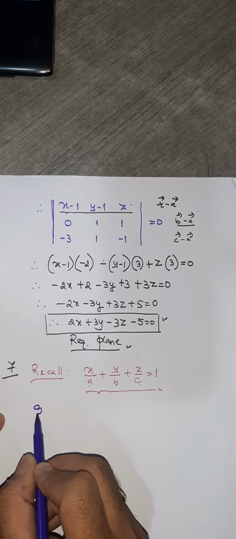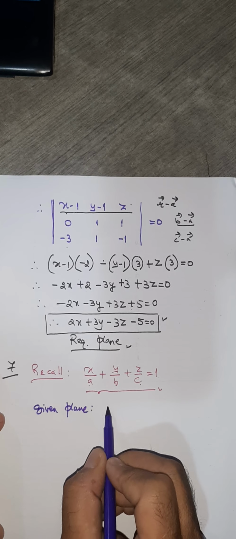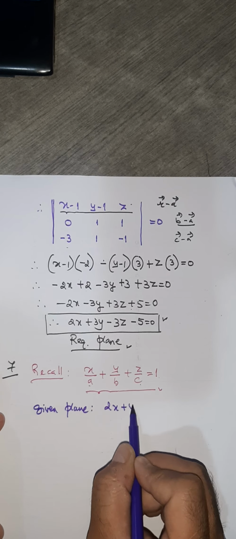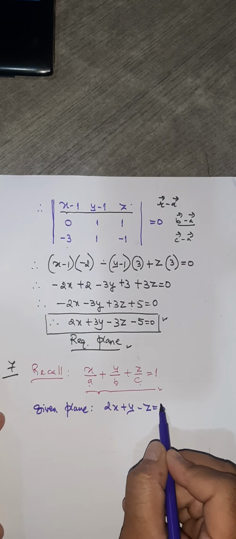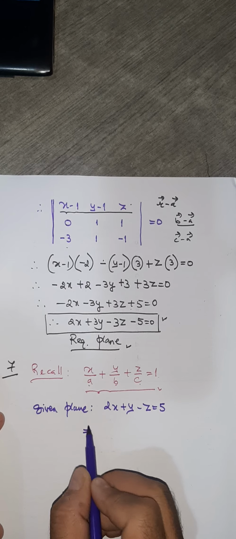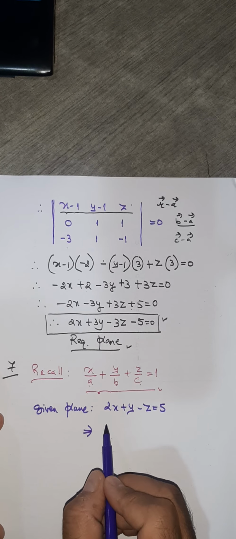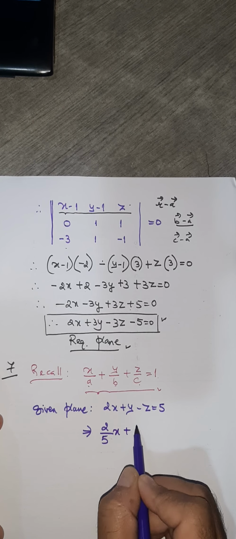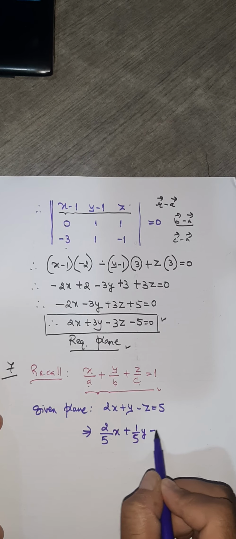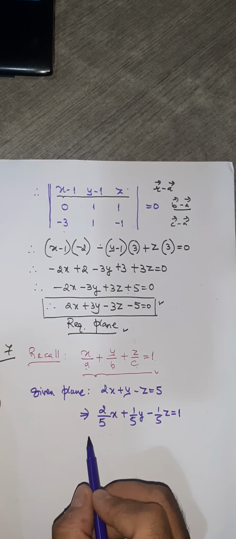So here the given plane is 2x plus y minus z equals 5. Now I need 1 on the right, and the coefficient of x should be 1 in the numerator. So I write 2 by 5 into x, 1 by 5 into y, minus 1 by 5 into z equals 5 divided by 5, which is 1.